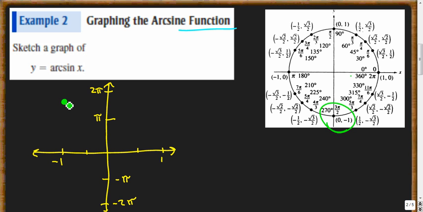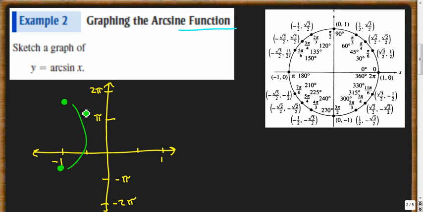But it also is true for any coterminals to that. Well, what's the coterminal to 3 pi over 2 in the negative range? If we think about it going backwards, or if we subtract 2 pi from 3 pi over 2, you will find that this is going to be at negative pi over 2. So right here.